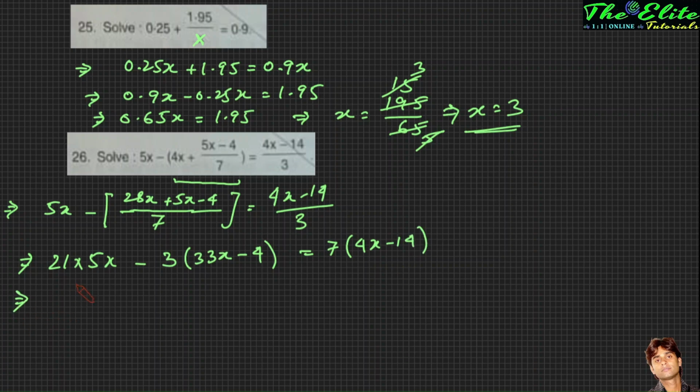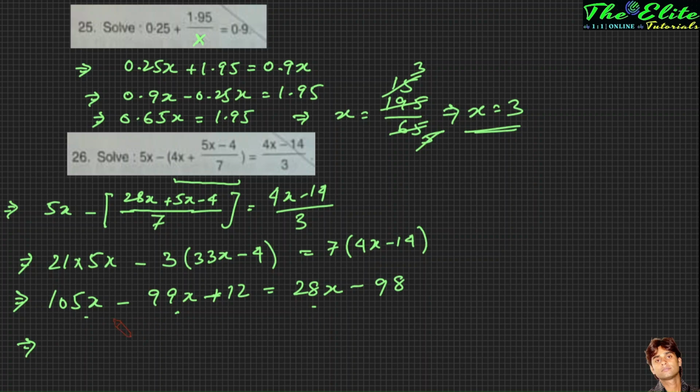You should be habituated to understanding things in a little bit difficult situation. Now this is 105 of x minus, multiply this, 99 of x minus plus, sorry, minus plus 12. Clear? Up to now it is clear. Now from here it will be 28 of x, that means plus, and then minus of, multiply this, 98. Now the x terms are this one and this one.